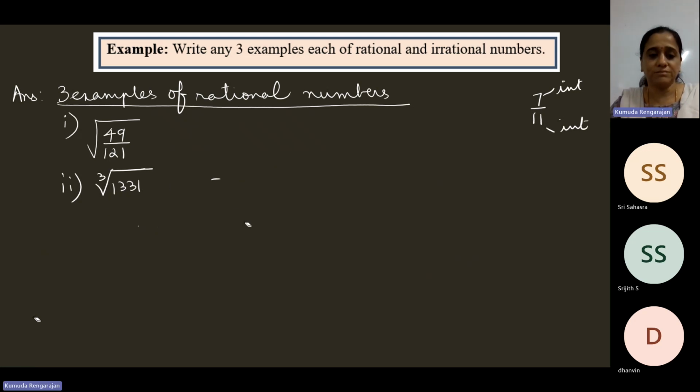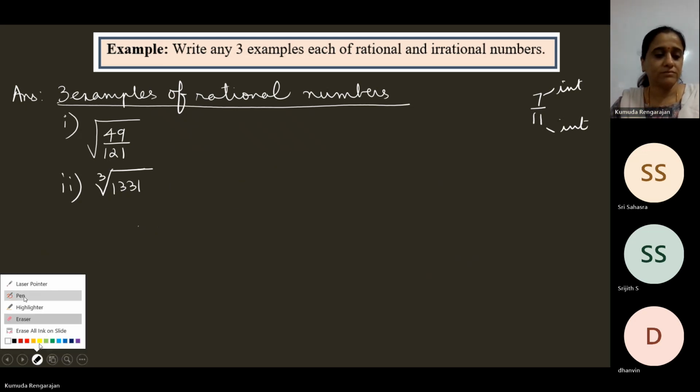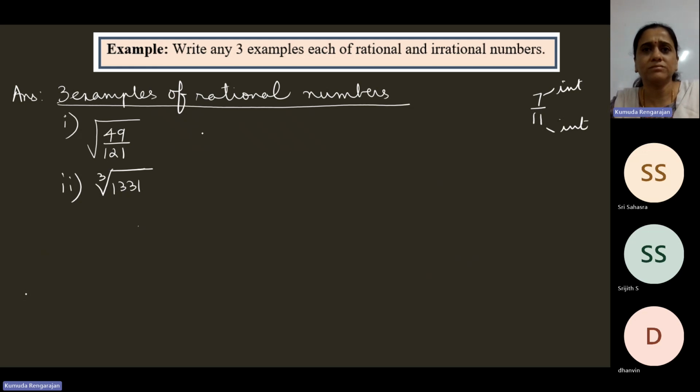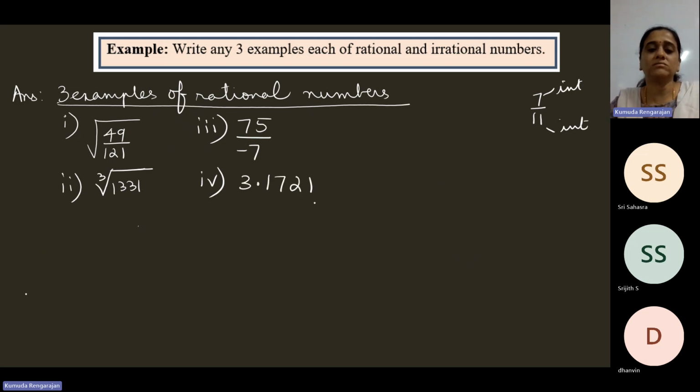Okay? Can you just write a number like 75 by 2, 79 by 2? You can write any fraction you want. Okay, you can write a terminating decimal, say like 3.17215.